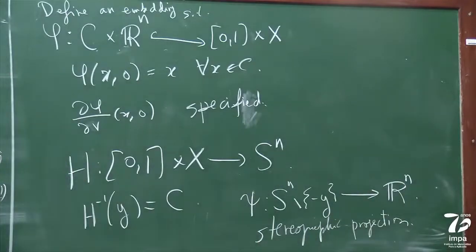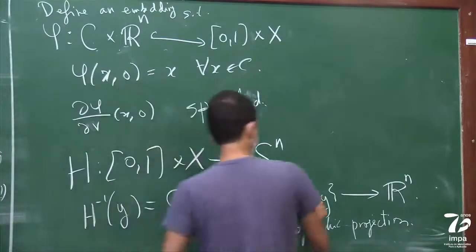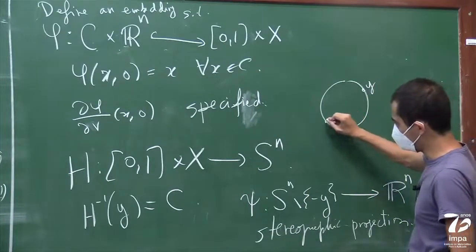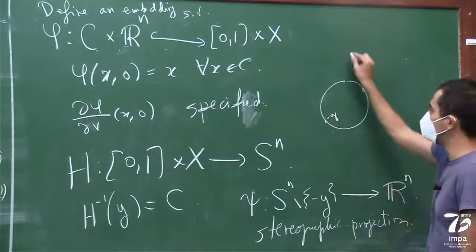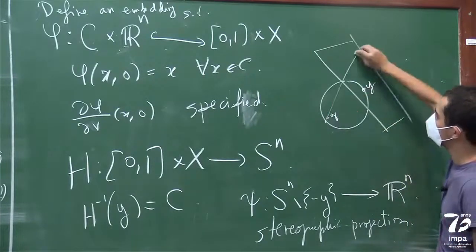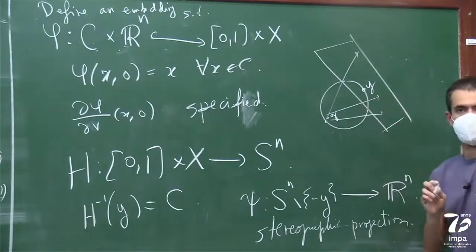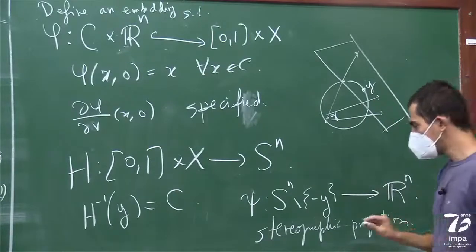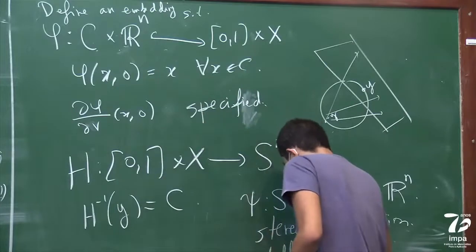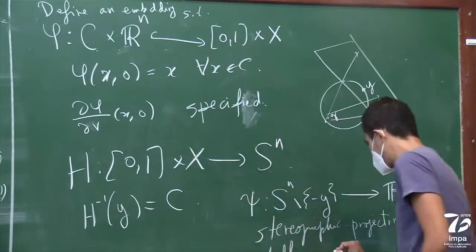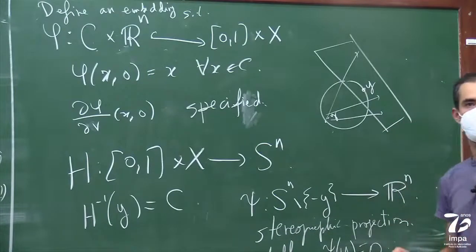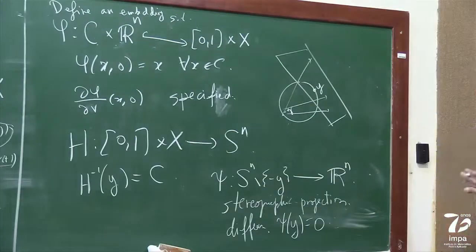So I have my y, and I have my negative y. What I do is I take a plane that goes through y, and I project like this. In particular, the stereographic projection is a diffeomorphism, and psi of y equals 0.